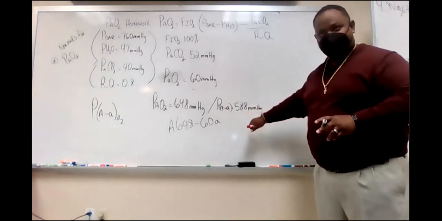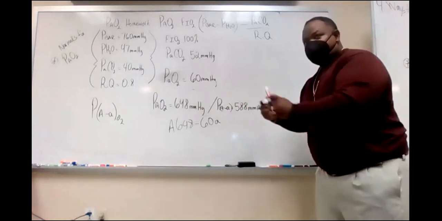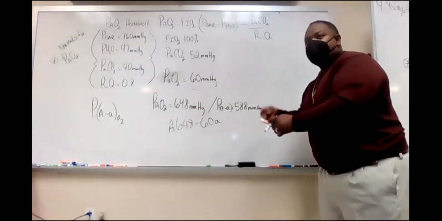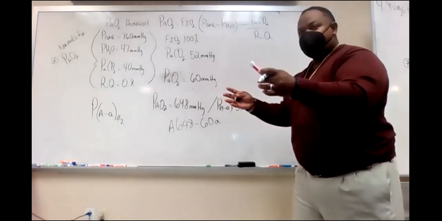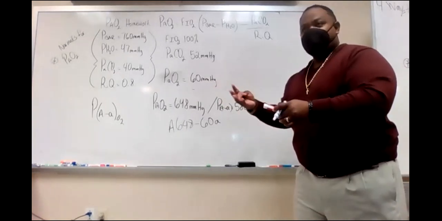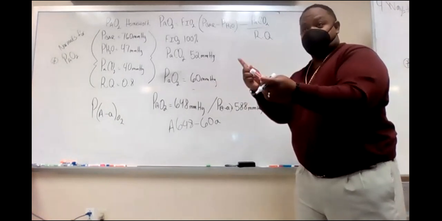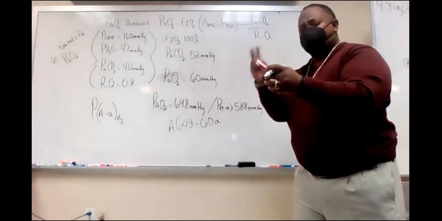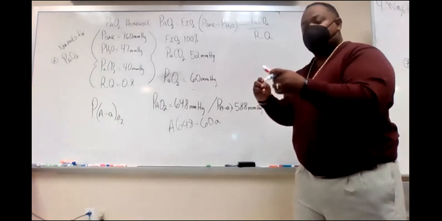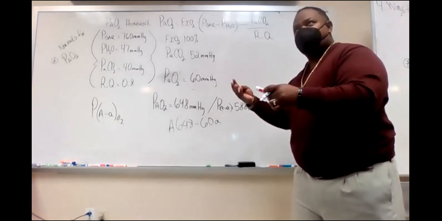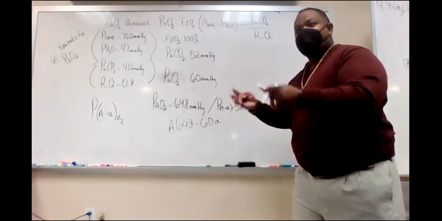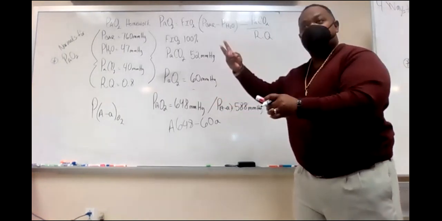Because every 50 is a 2% shunt. So if the difference was 50, that'd be a 2% shunt. If the difference was 100, 4% shunt. If the difference was 150, 6% shunt. See that? Every 50 goes up 2 more percent.